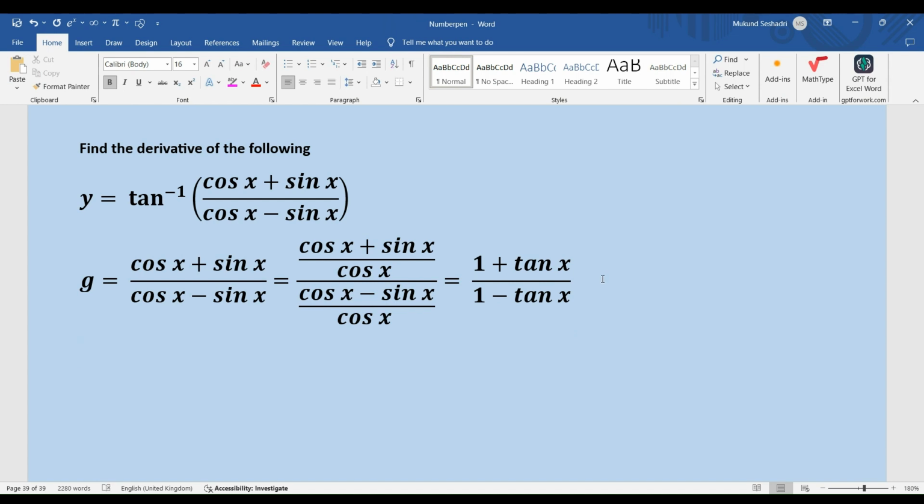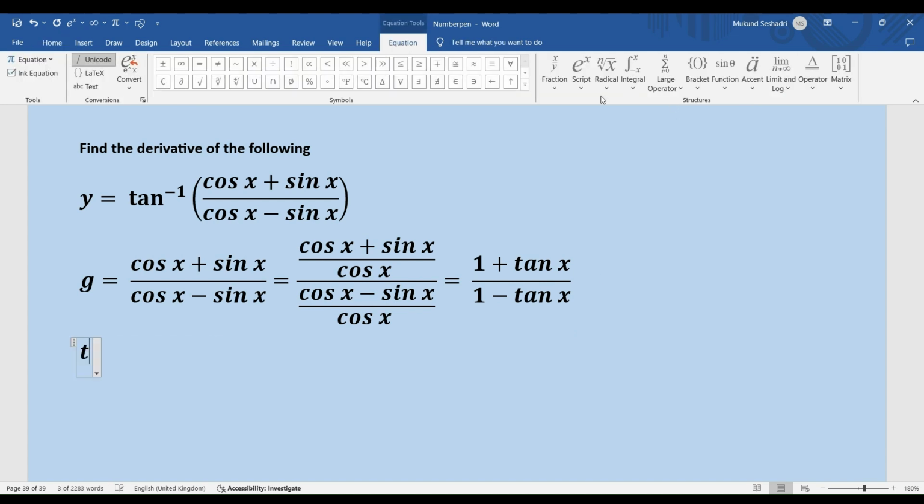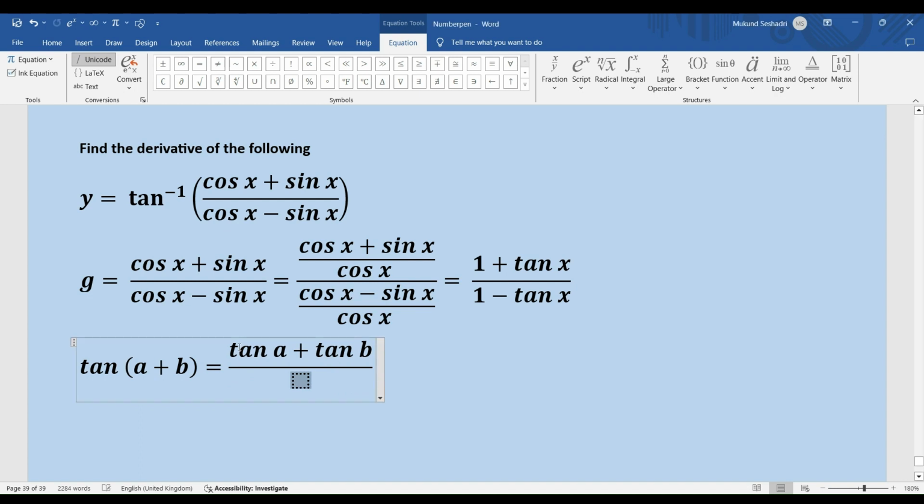Here is where I want you to remember one more identity which comes in very handy whenever it comes to solving problems in trigonometry, or solving problems in calculus using trigonometry. So tan of a plus b is nothing but tan a plus tan b, the whole divided by 1 minus tan a tan b. This is an identity that is very useful for all of us to remember.